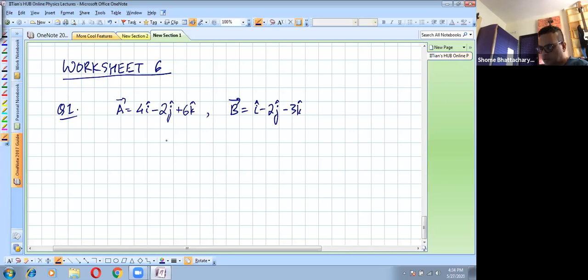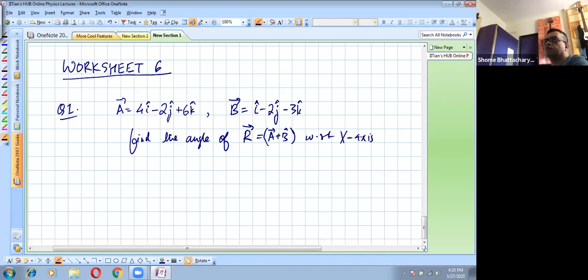In this, we want to find the angle of the resultant R of A and B with respect to the x-axis. Okay. So it's very simple.